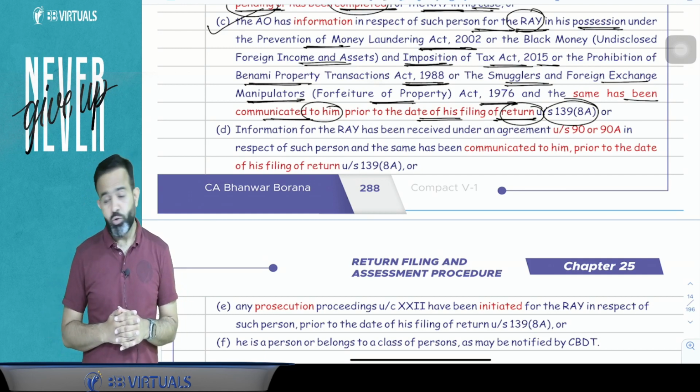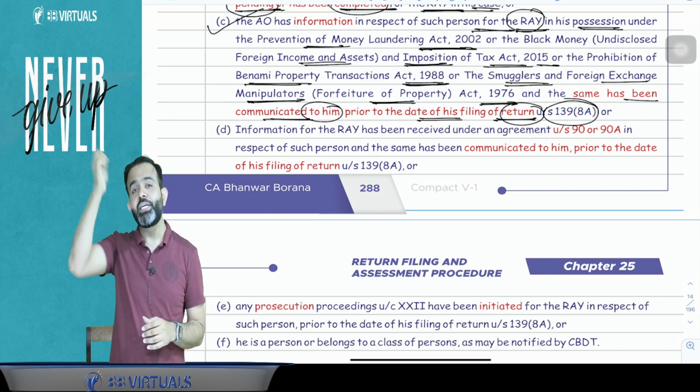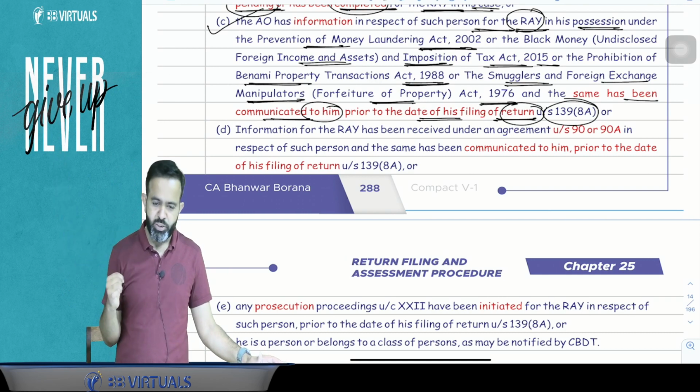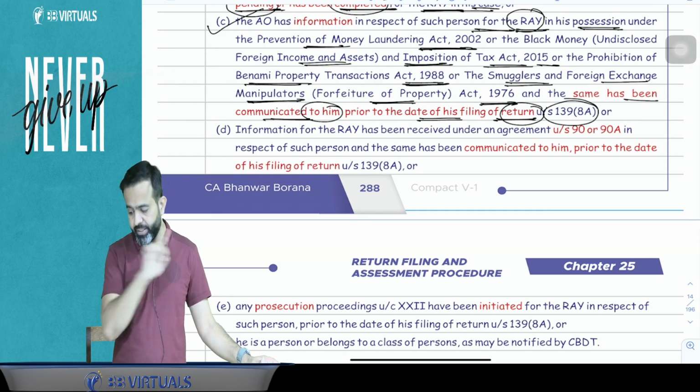You are not allowed to file the updated return. Or for example, the AO got information under DTAA, double taxation avoidance agreement, suppose from a Swiss bank, and that information is already communicated to you, then you cannot file any updated return.